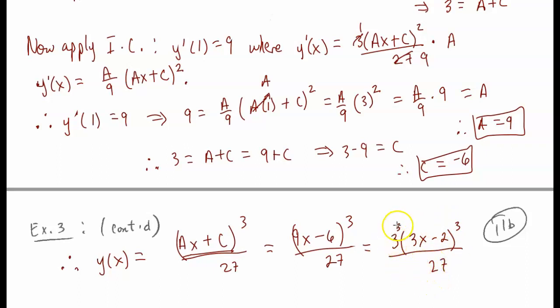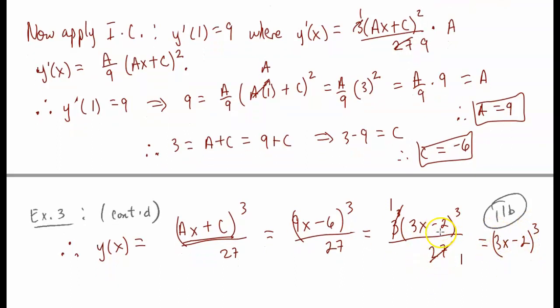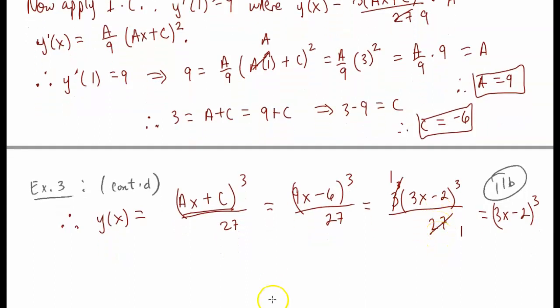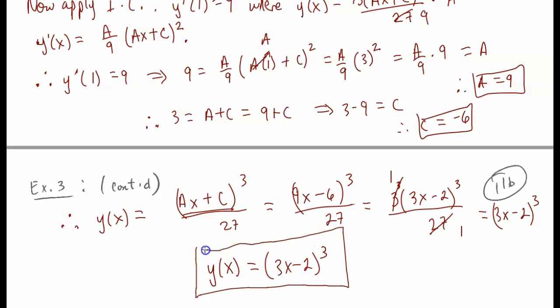And of course, 3 cubed is the same as 27. So all of that will just reduce to 1. And what we have left here is just (3x minus 2) quantity cubed. And this is our final answer in simplified form. This is the particular solution.